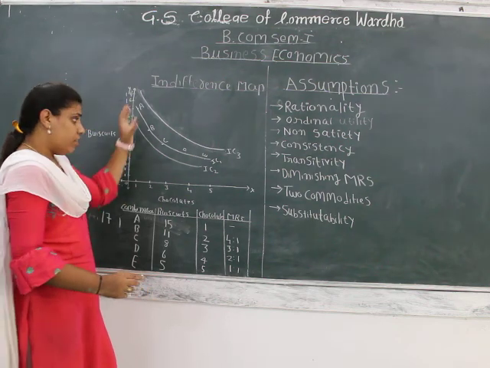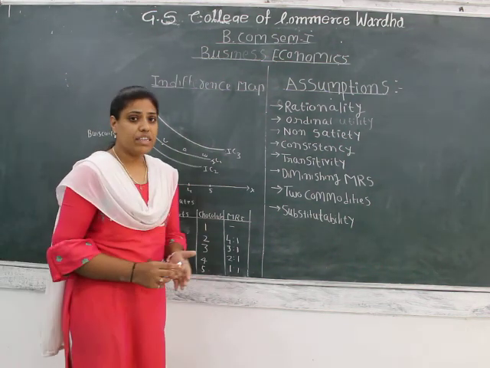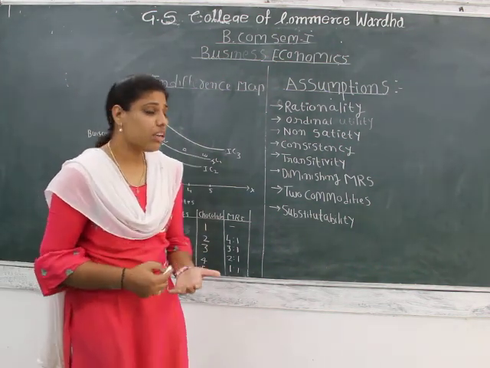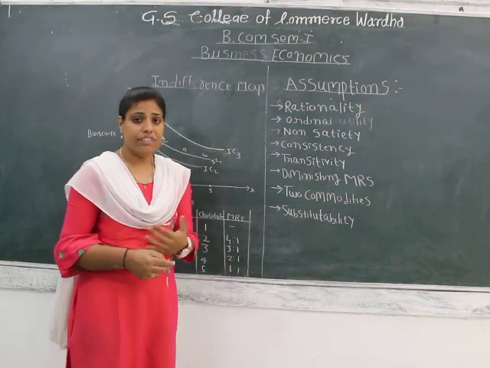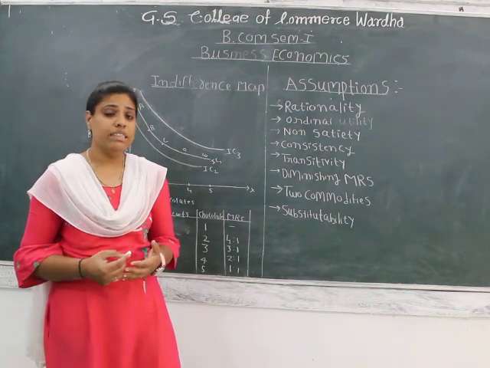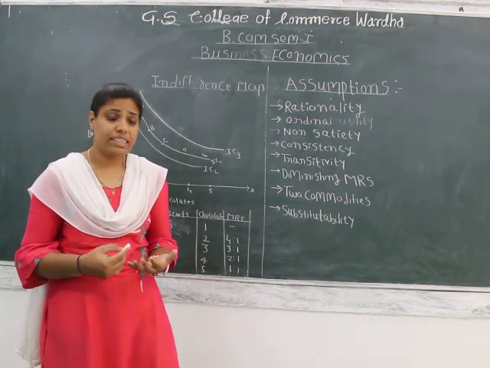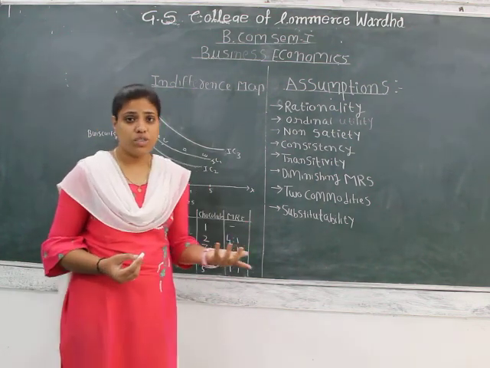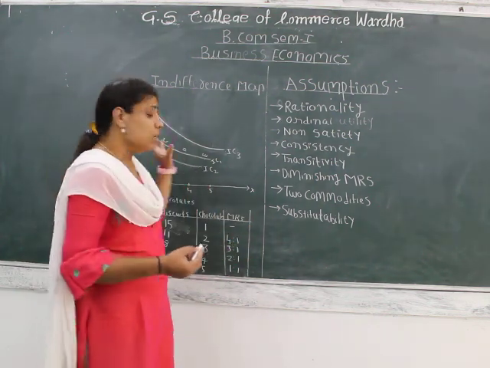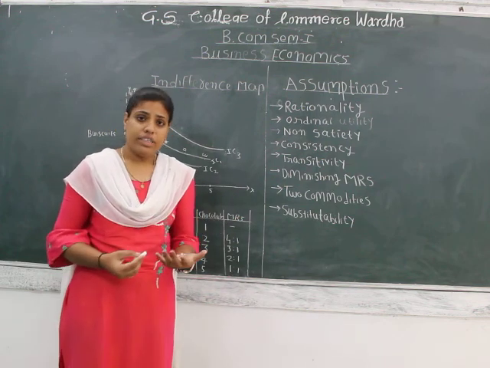So a higher indifference curve is a curve which contains different combinations of the two commodities which give higher satisfaction to the consumer. And why does it give higher satisfaction? Because it contains more of the commodity.